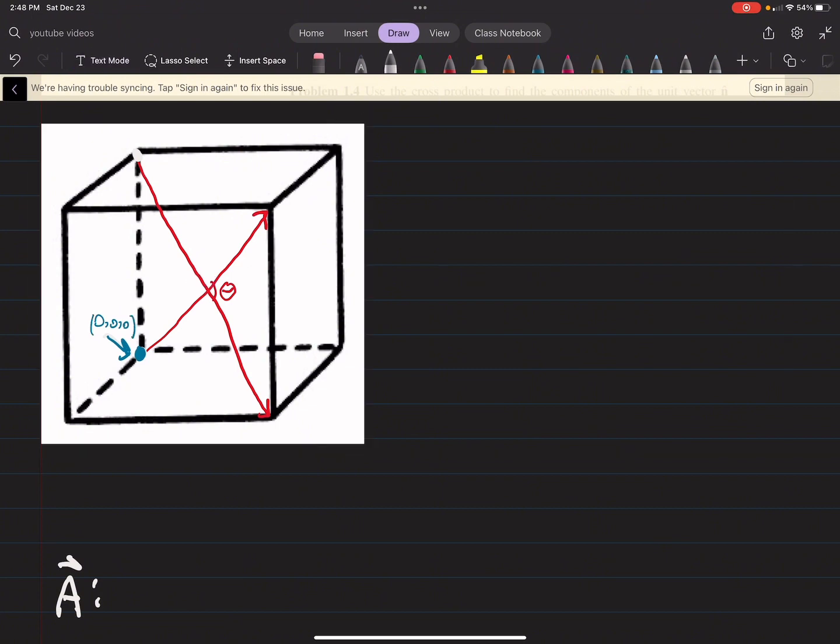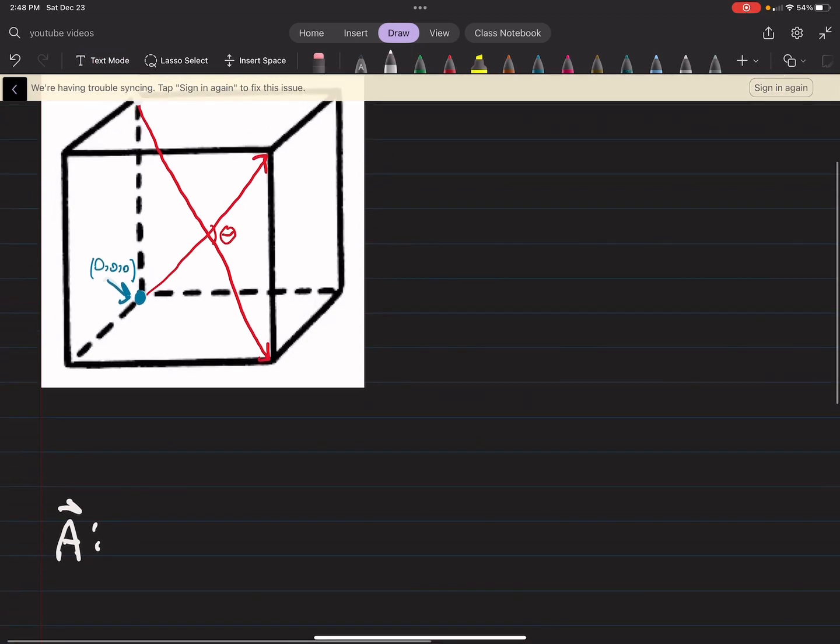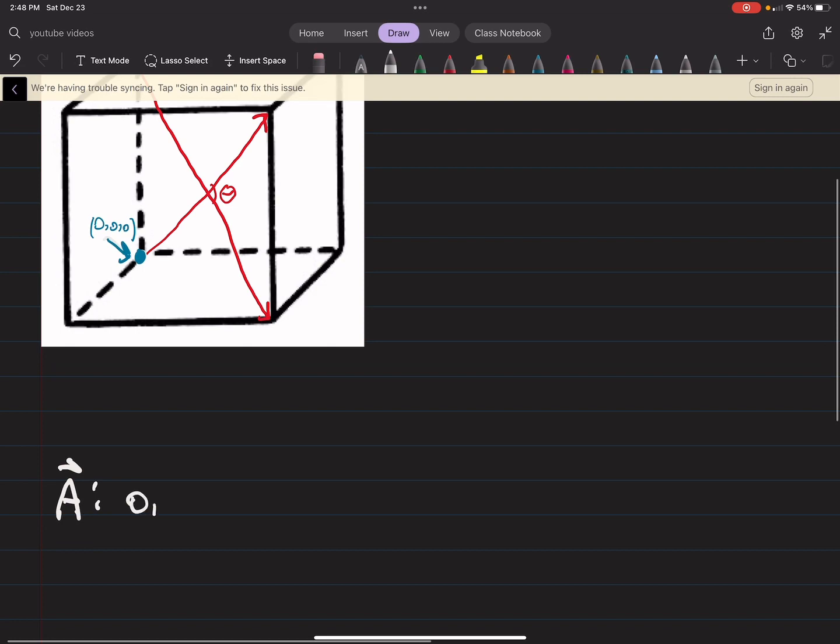Then our vector A here starts at the point 0, 0, 1, and it concludes at the point 1, 1, 0. Okay?